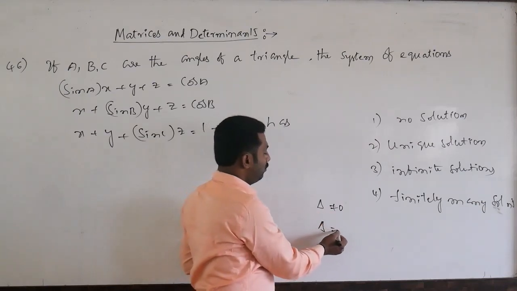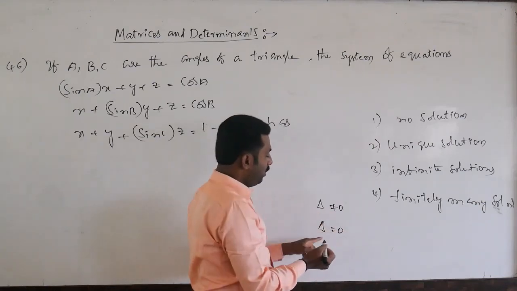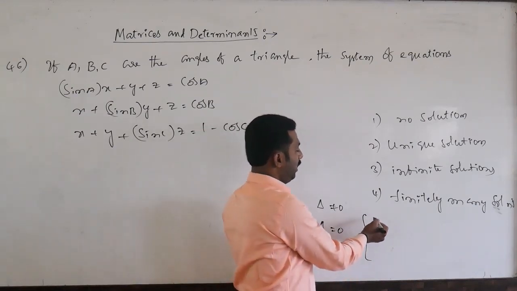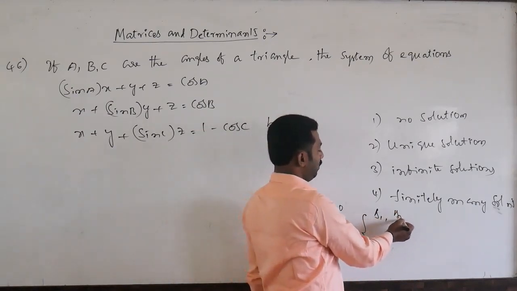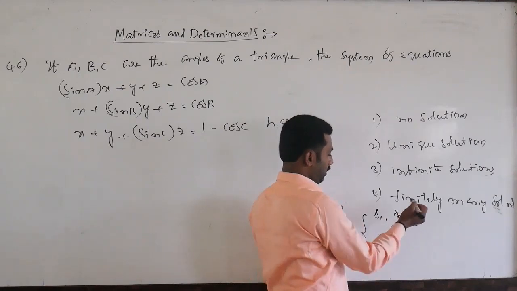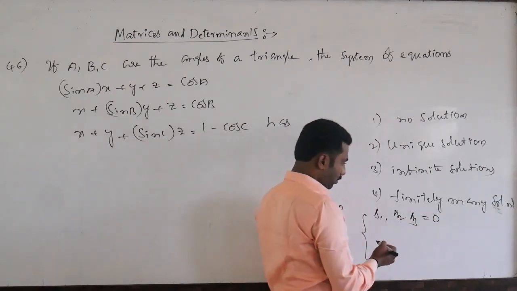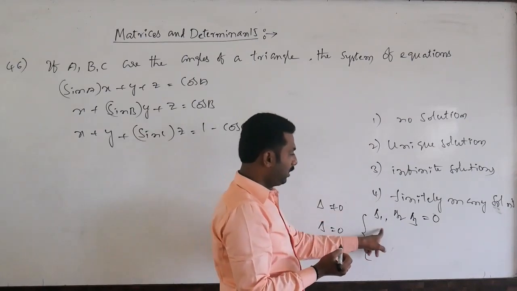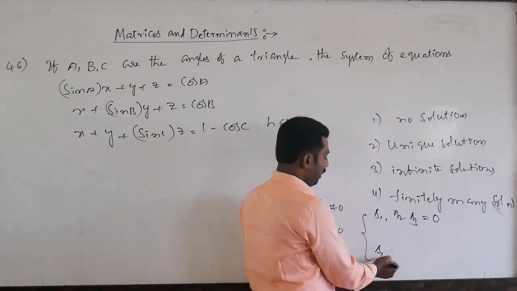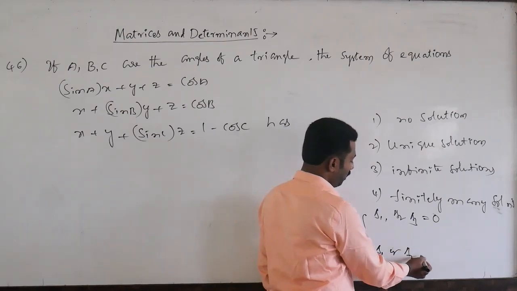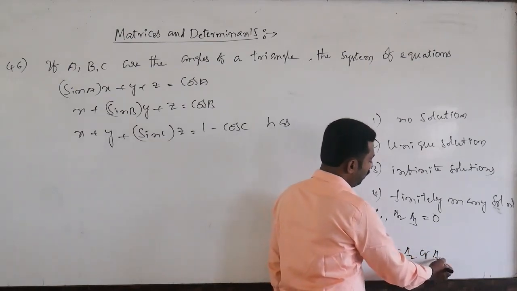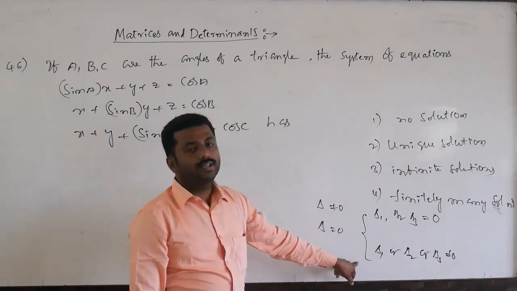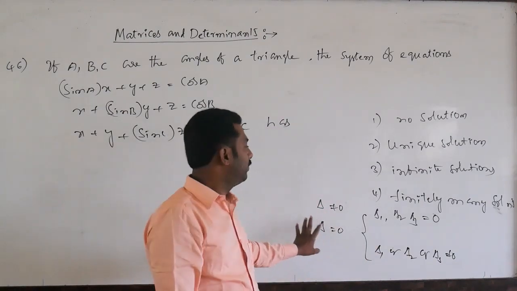If delta equals 0, then there is either no solution or infinitely many solutions. To decide, we calculate delta 1, delta 2, delta 3. If all of these are equal to 0, the system is consistent with infinite solutions. If at least one of delta 1, delta 2 or delta 3 is not equal to 0, the system is inconsistent and has no solution.